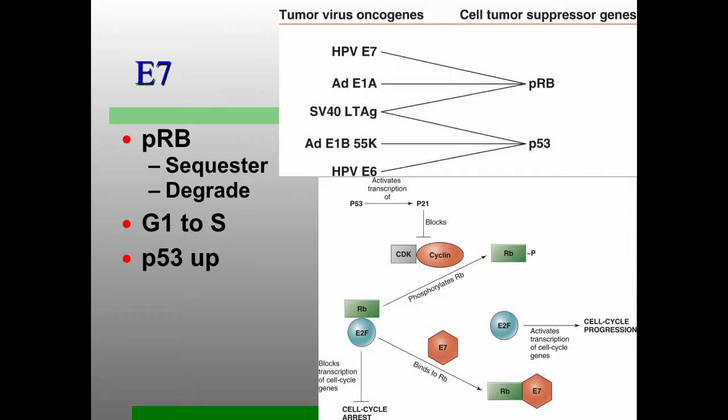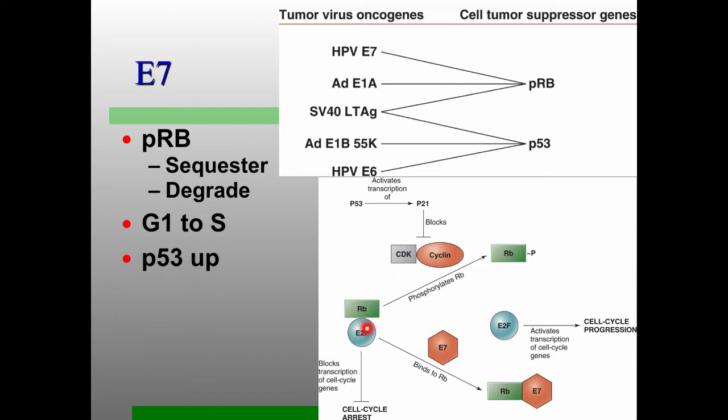Most viruses want to lower the activity of P53. The E6 protein in human papillomavirus lowers it, the large T antigen lowers it, and E1B also lowers the activity of P53.